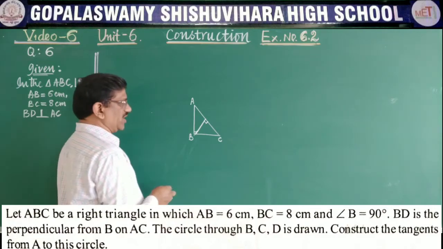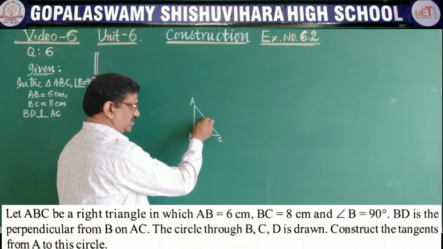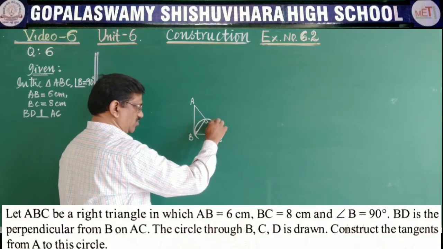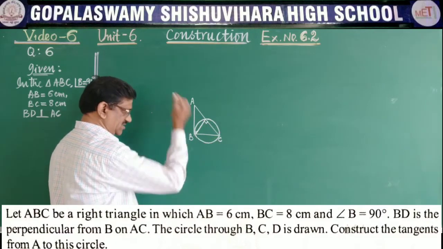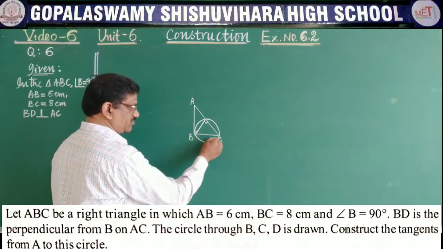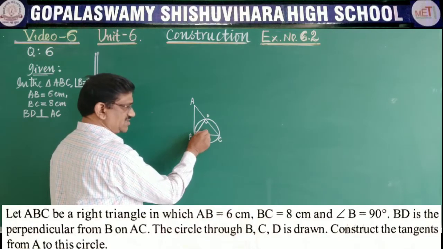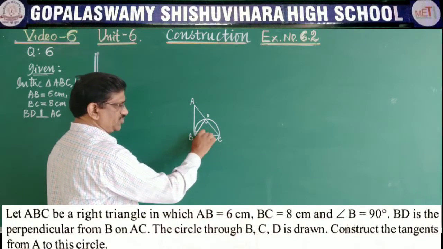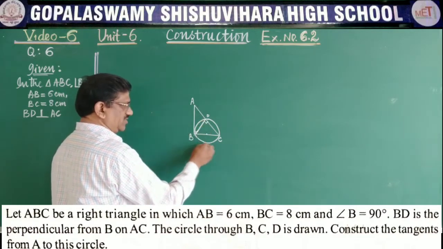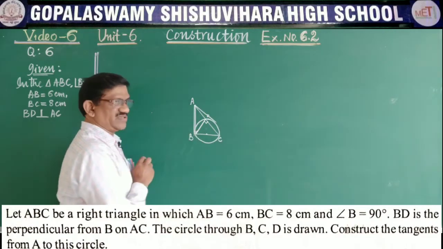Then we have to draw a circle such that the circle has to pass through the points B, C, D like this. Okay. So for this circle which passes through the points B, C, D, we have to construct tangents from A to this circle. So from here we have to draw tangents. It comes like this, children.